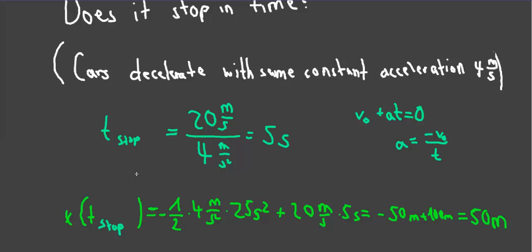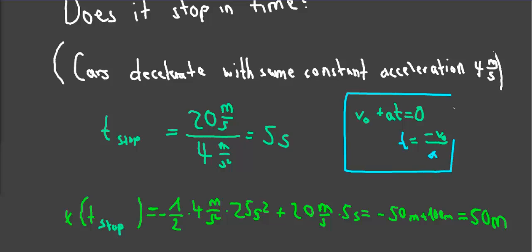So let's start with the time. The time is pretty simple. It's v divided by a. So you have 20 meters per second, and you divide that by 4 meters per second squared, and you get 5 seconds.